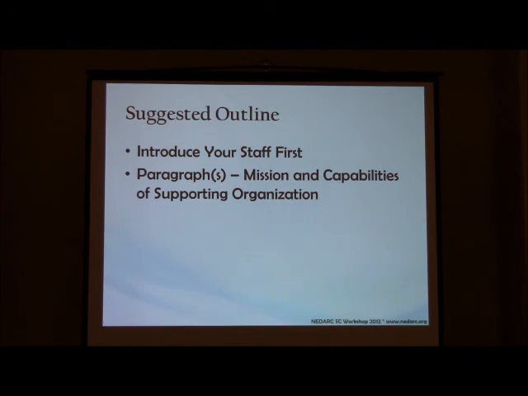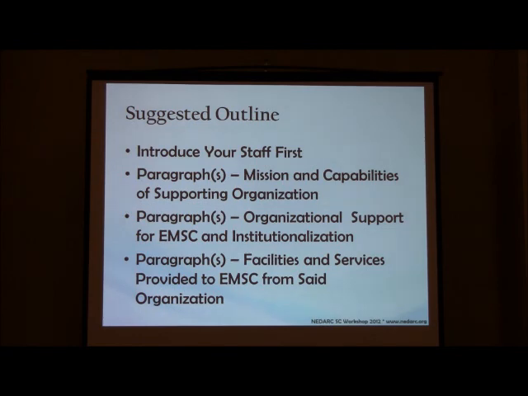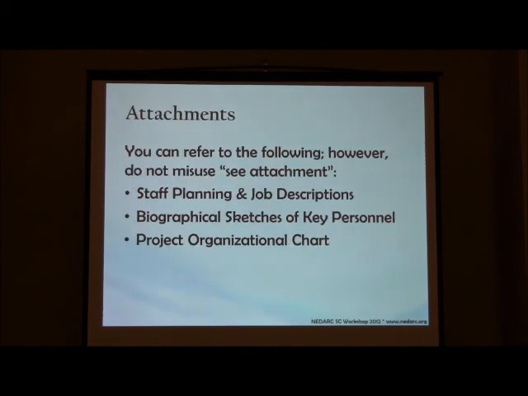And then you could talk about the mission and capabilities of, in the FOA, I believe they call it the applicant organization. And then what support exists for institutionalizing EMSC. And then the facilities and services that are provided to you by the applicant organization to help you get your job done. So let's take a look at these.